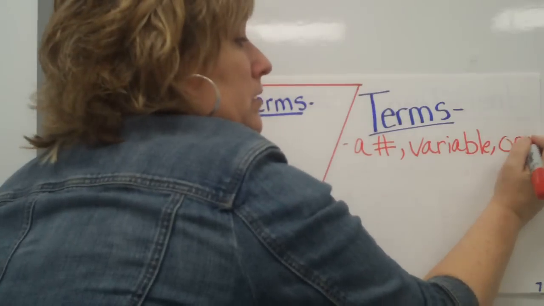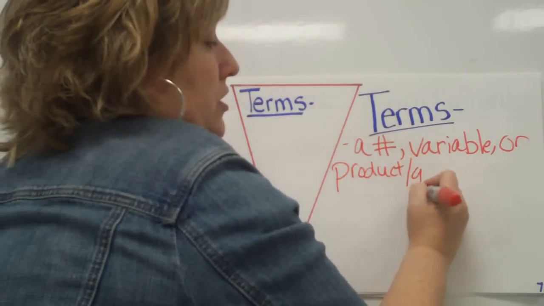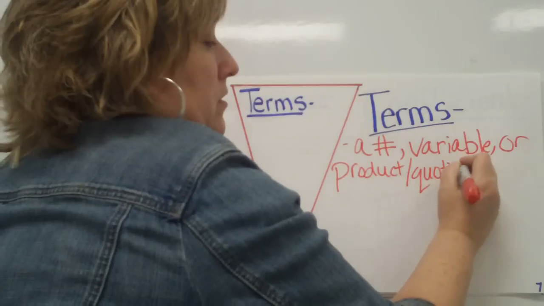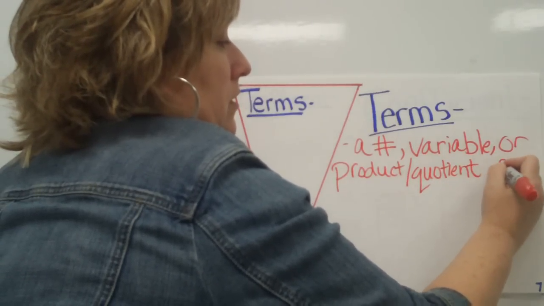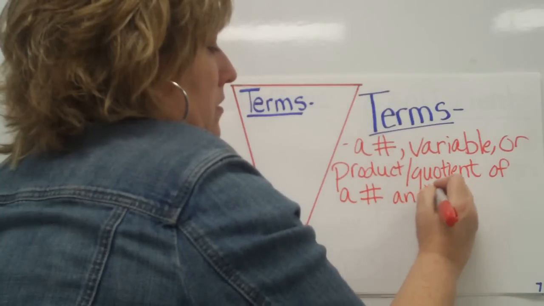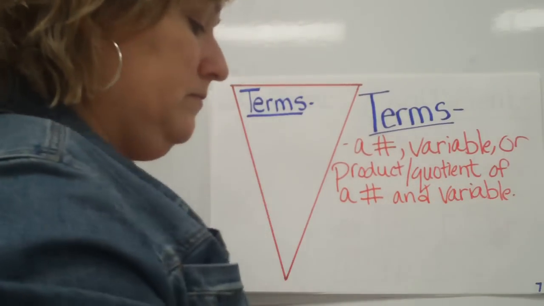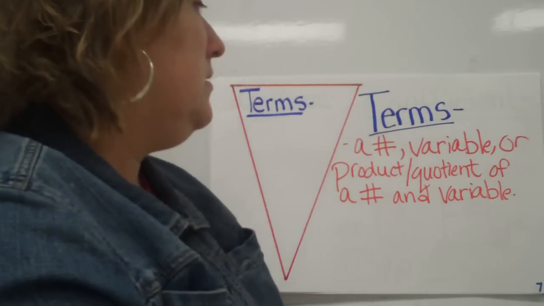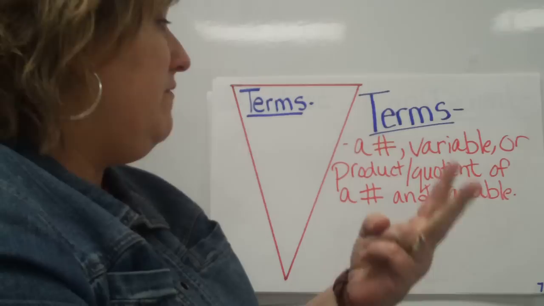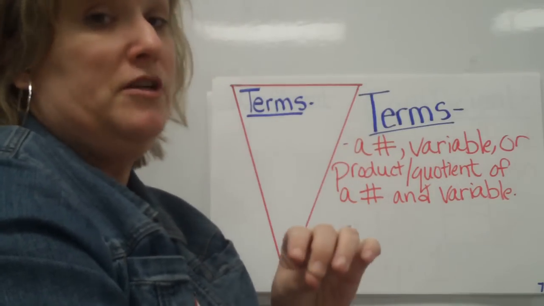Or a product, quotient, one of those two, of a number and a variable. So it could be a number, it could be a variable, or it could be a product of a number and a variable, or it could be a quotient of a number and a variable.